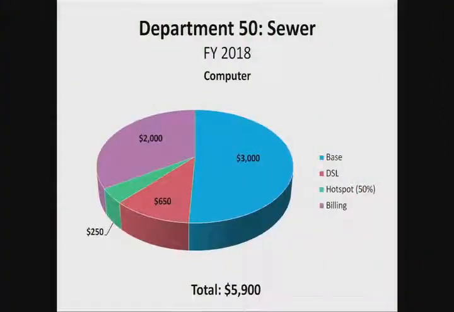For your computers and sewer, it's only a $900 increase, and part of that is some internet service we had to change up at the newer side of the plant, and also a hotspot for the laptop so we can start marking the water and sewer lines when they go out and do repairs. So when Mr. Fissel or Mr. Click are making a repair, they can input the information right there and it can be captured. That's the slight increase in your computer.